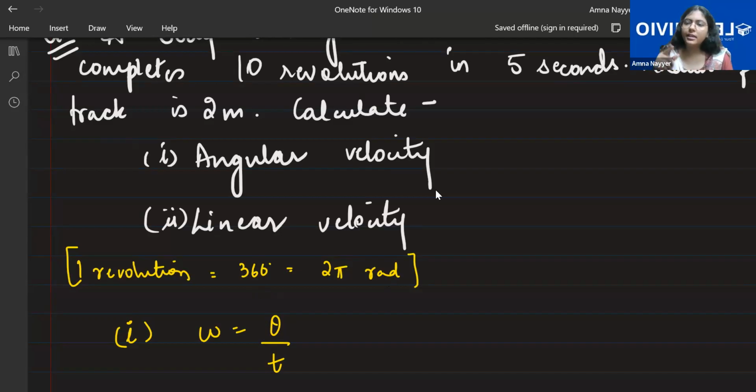Similarly here also: one revolution, two revolutions, three, four, till the tenth revolution. So how many angles are done? 360 plus 360 plus 360, ten times, means 10 into 360. But that will give us the answer in degrees, and you cannot use degrees for the SI standard part. So we convert theta.